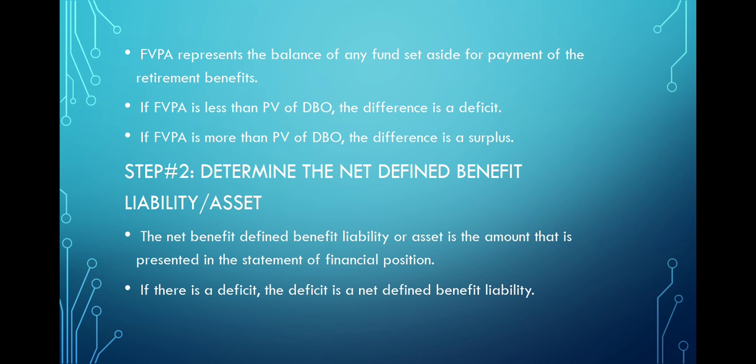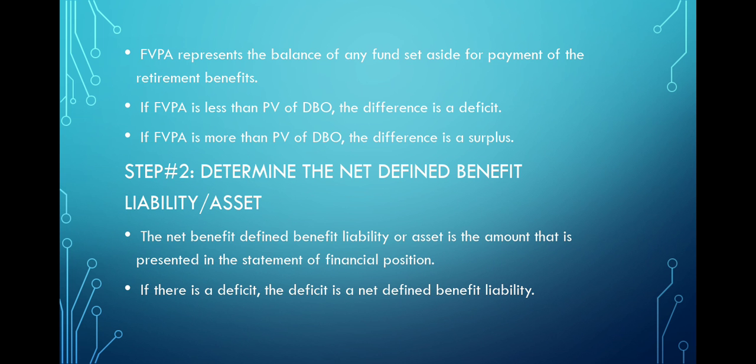For the second step, determine the net defined benefit liability or asset. The net defined benefit liability or asset is the amount that is presented in the statement of financial position. So when we go to the two parts of accounting, we can see that there is the income statement and the balance sheet.